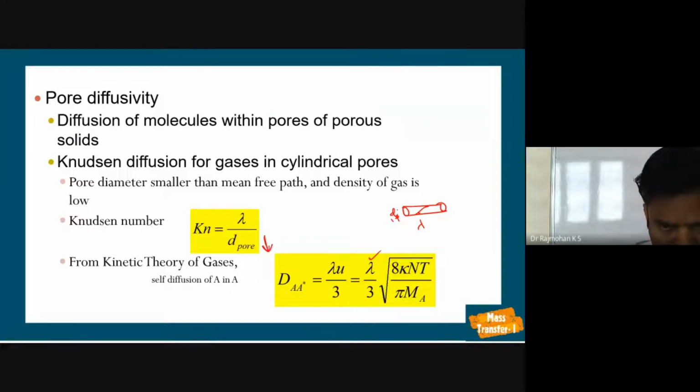As d decreases, Knudsen number increases. So when Knudsen number is high, we call it Knudsen diffusion taking place. So can we quantify it? Yes, we can quantify.